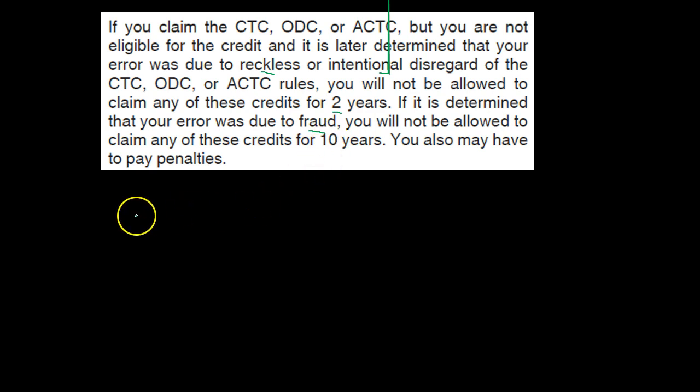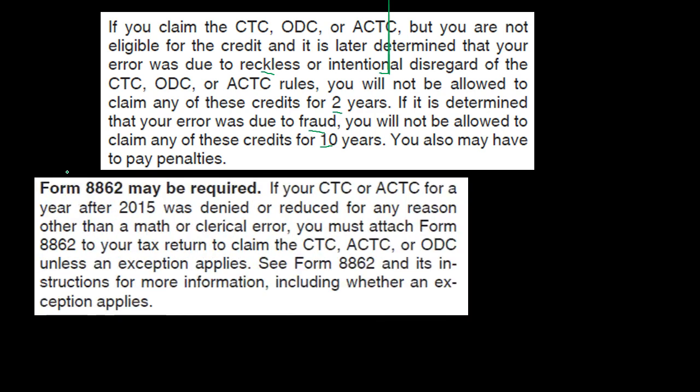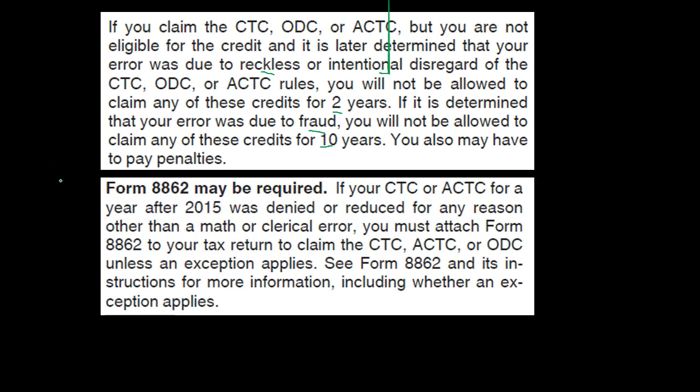You will not be allowed to claim any of these credits for 10 years. You also may have to pay penalties. So obviously, fraud would be something that could be subject to penalties as well, and that would be more severe than a mistake. But you want to avoid any of that typically, because again, these are difficult terms to prove, and you'd rather not be in the position where you have to prove one or the other. You just want to avoid any improper reporting of it.